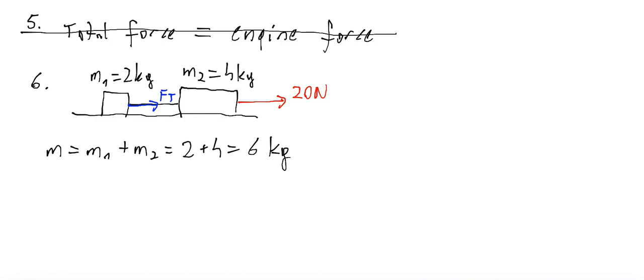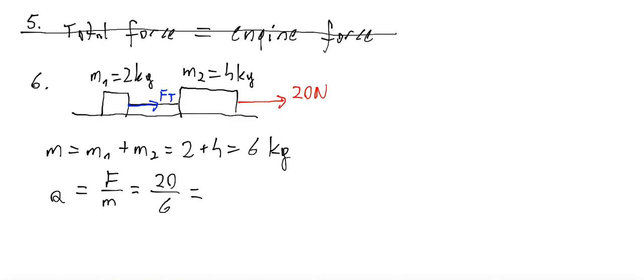Okay, if you have force, you can calculate acceleration. Acceleration is total force divided by total mass. Total force is 20, total mass is 6, and how much is it? I don't need to use a calculator, but during checking your test, I've used a calculator to confirm this.